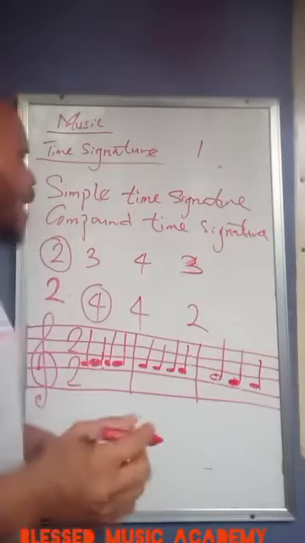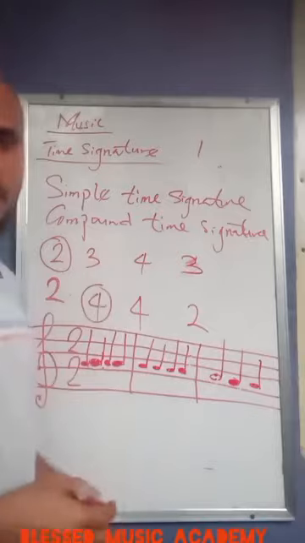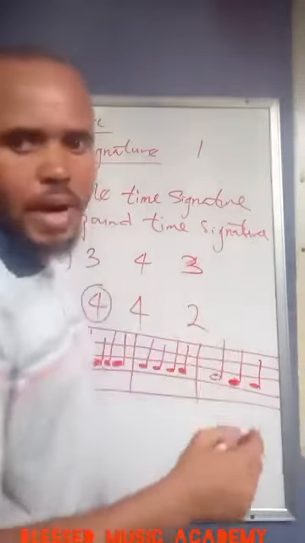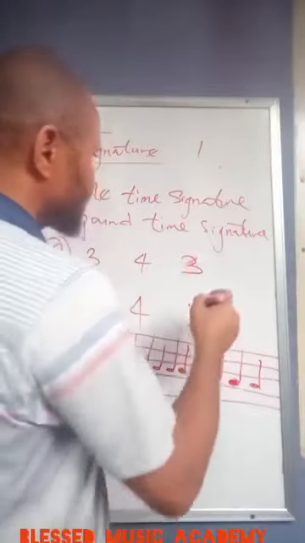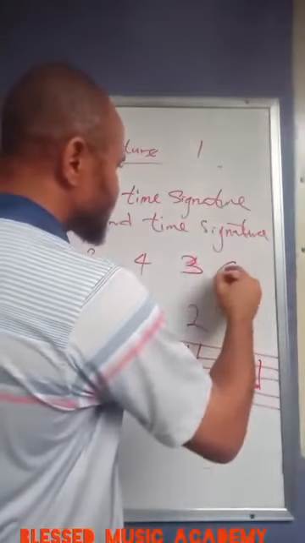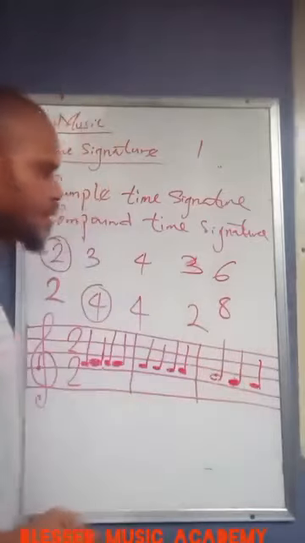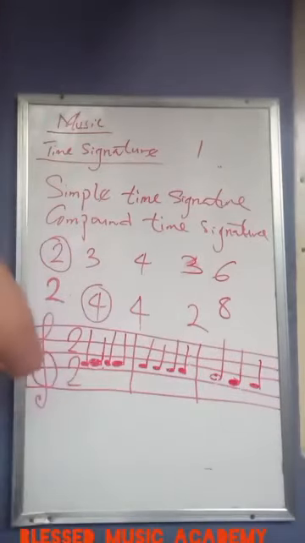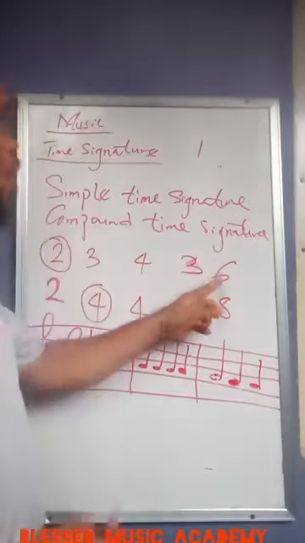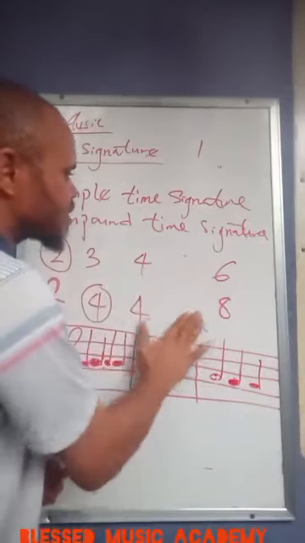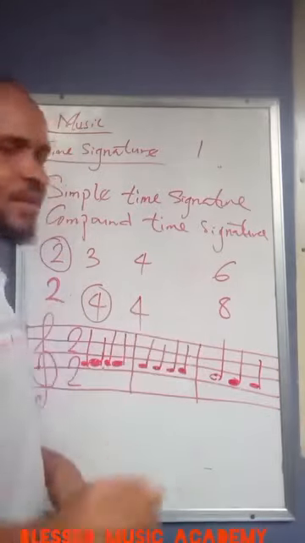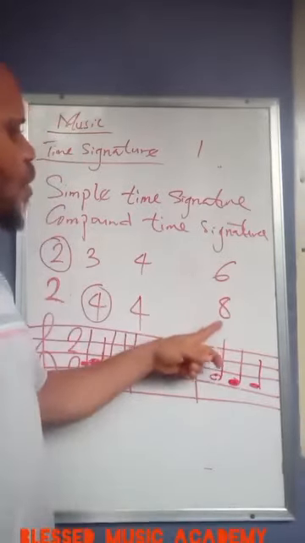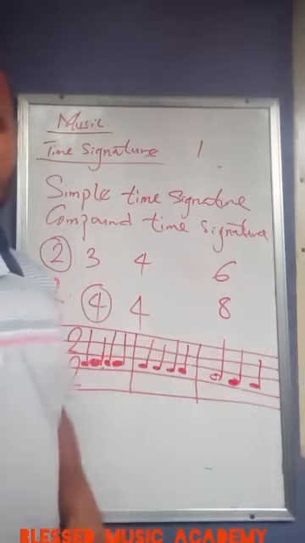Now let me talk about one of the compound time signatures that one of our fans asked about. It says 6/8, I think, if I'm not mistaken. Now, in compound time signature, the upper figure is divisible by 3, and the lower figure is divisible by 2.